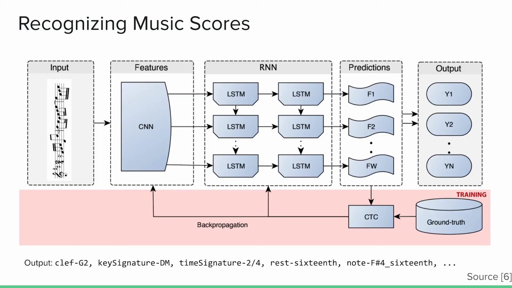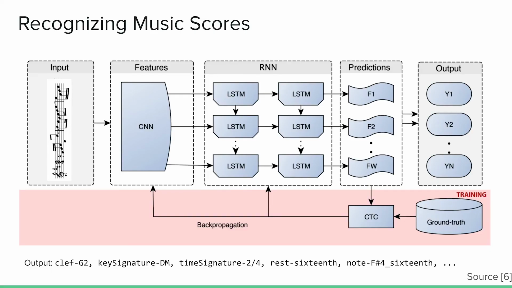And this idea of taking an image, extracting some features, reshaping it, and then feeding it into a recurrent neural network is a common pattern you will see. For example, for recognizing music scores, one of the approaches explored in recent research is that you take an entire stave of music scores and apply the same idea again.